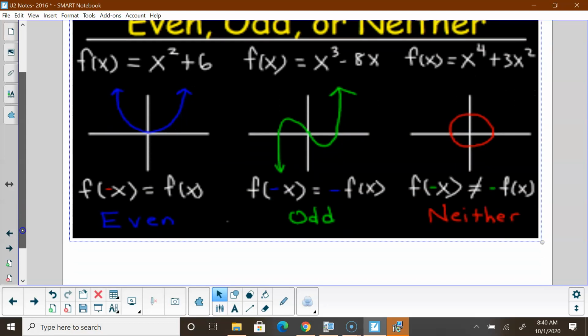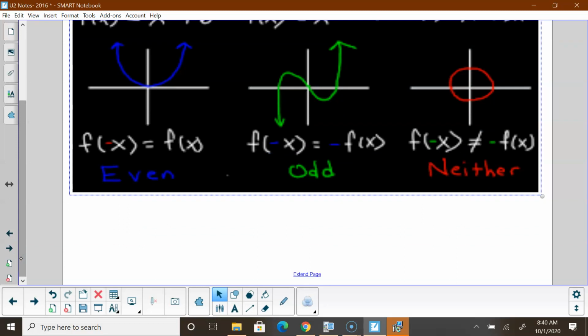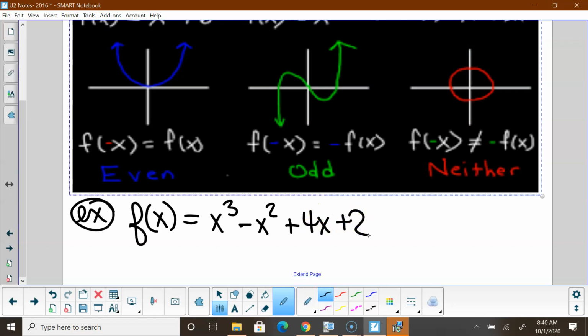Now, the algebraic method of proving whether or not something is even, odd, or neither. There's really three things we've got to do. All right? So let's actually do an example. f of x equals x cubed minus x squared plus 4x plus 2.